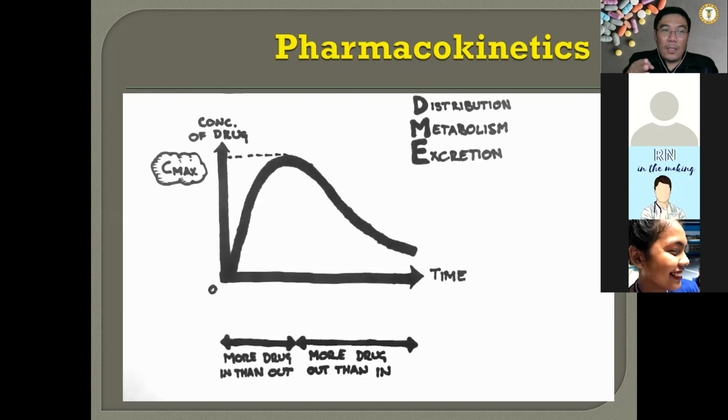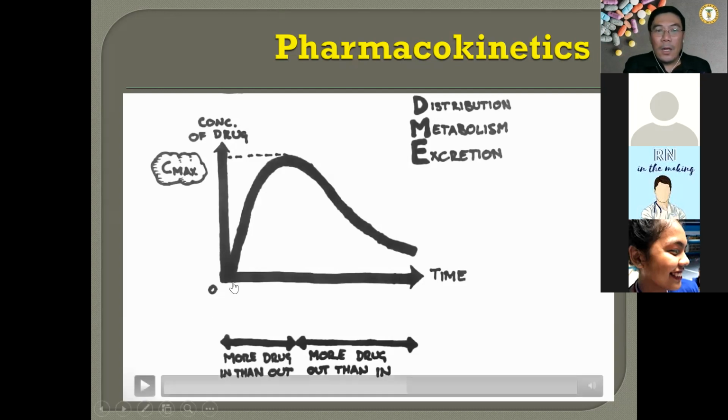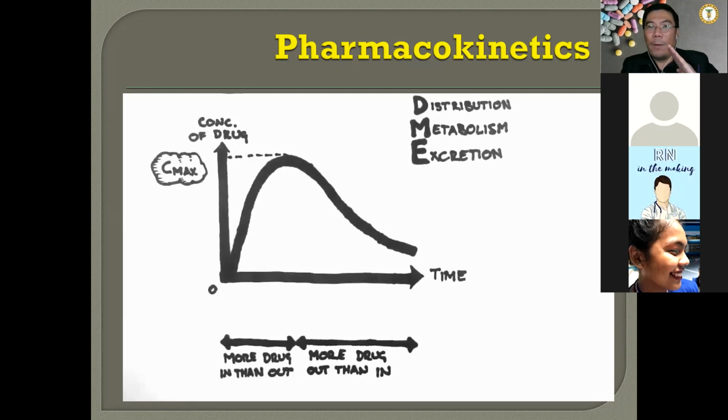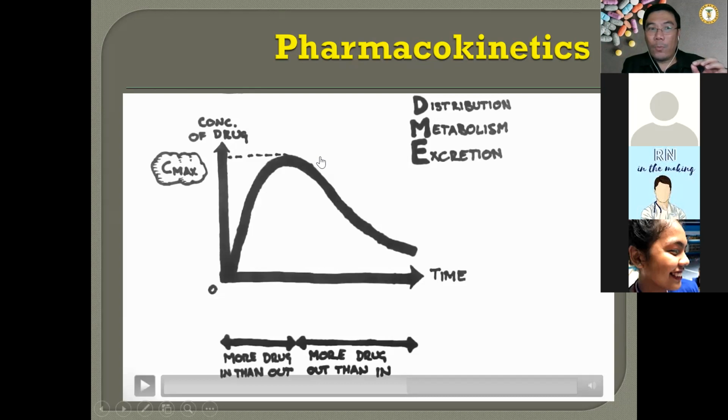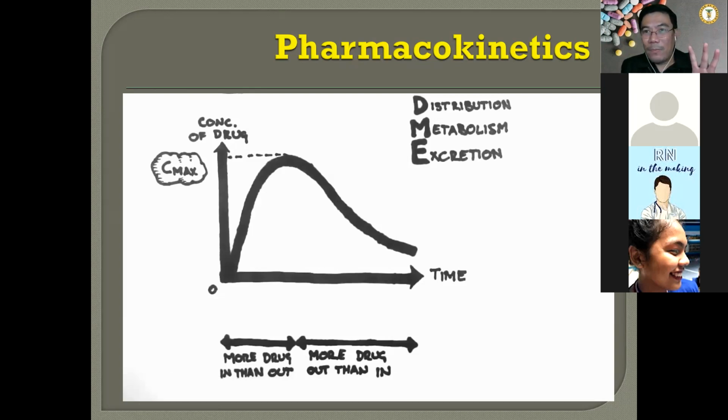As time goes, it may reach the point where the drug is being processed in our body and meets what we call the highest concentration level. And that is what we call the maximum concentration of the drug.